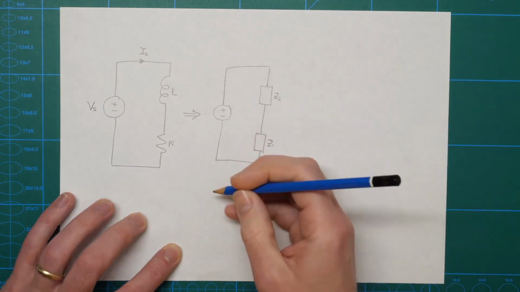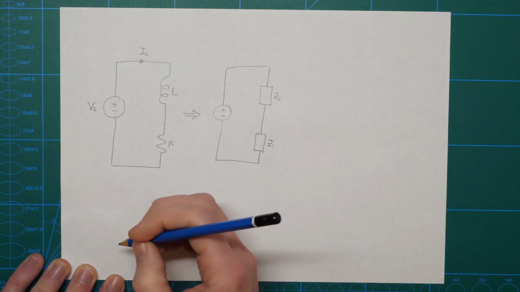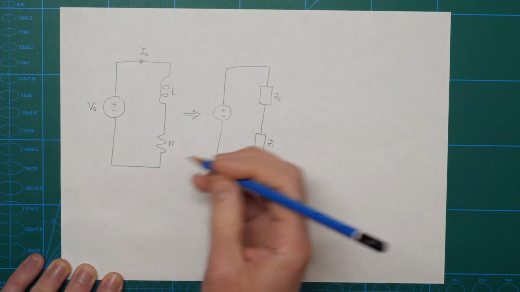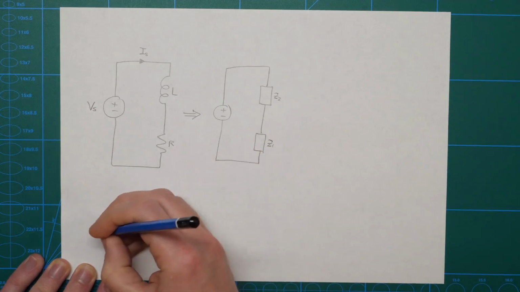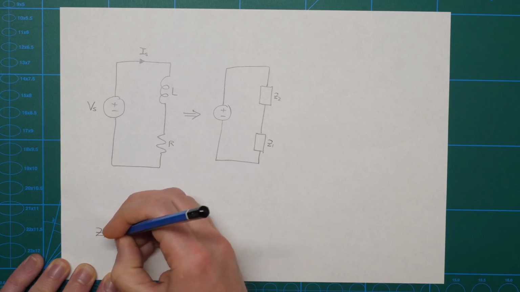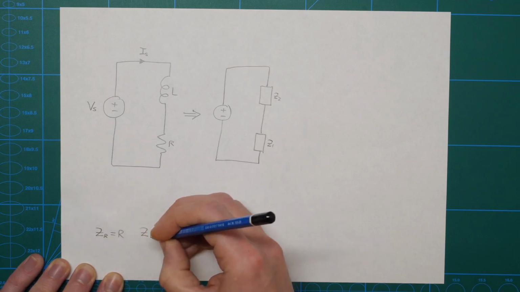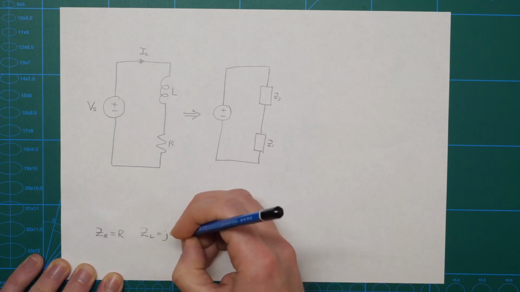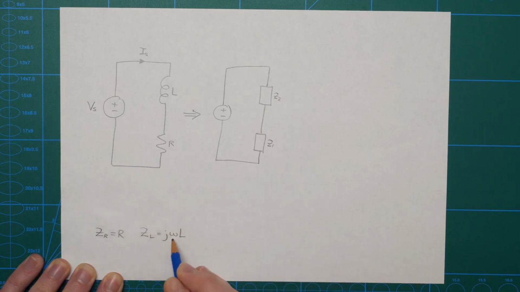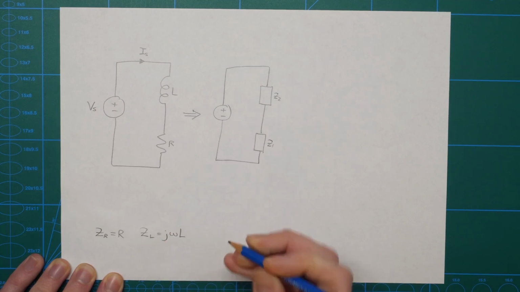Now the formulae that you use to convert resistors, inductors and capacitors into impedances are as follows. The impedance of a resistor is just equal to its resistance. The impedance of an inductor is equal to J omega L, where omega is the angular frequency in radians per second and J is the square root of -1.